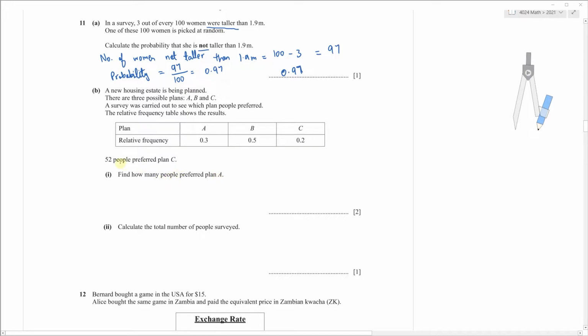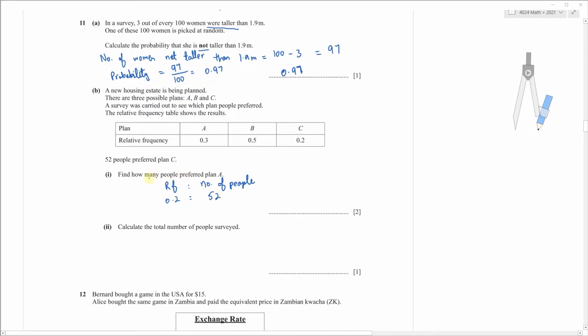So you can use the ratio method here. I will write relative frequency as RF, ratio, number of people. So if relative frequency is 0.2 for plan C, it represents 52 people.